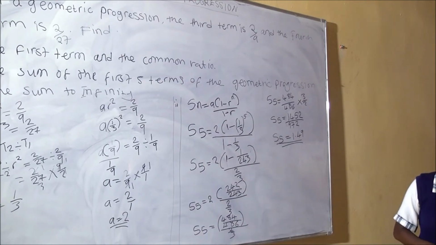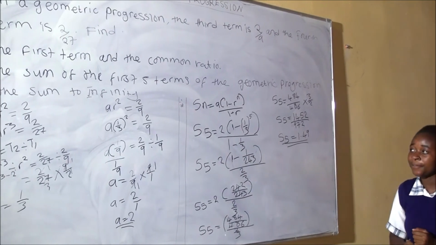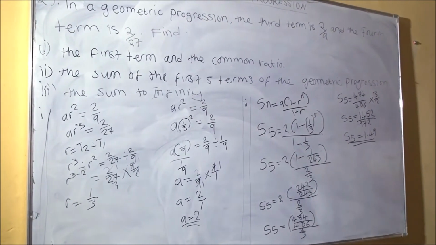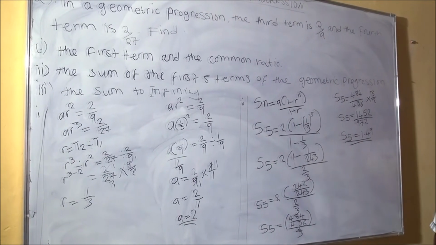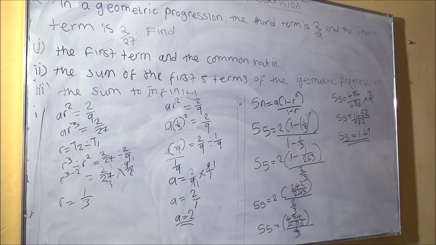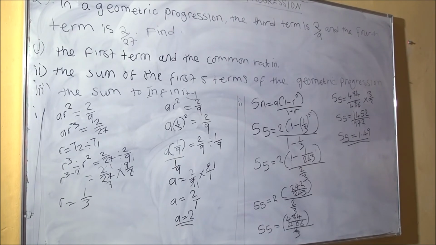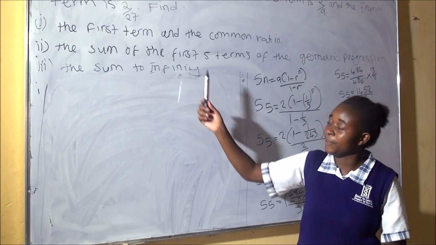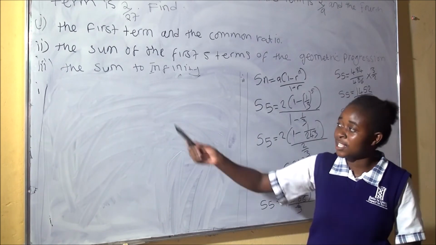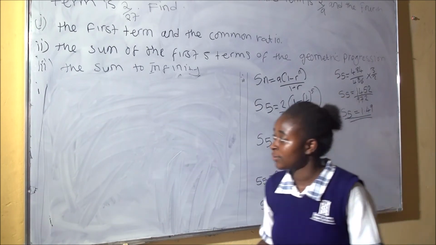So after finding the sum of the first 5 terms, we go to the last question, which says find the sum to infinity. So here we are finding the sum to infinity.